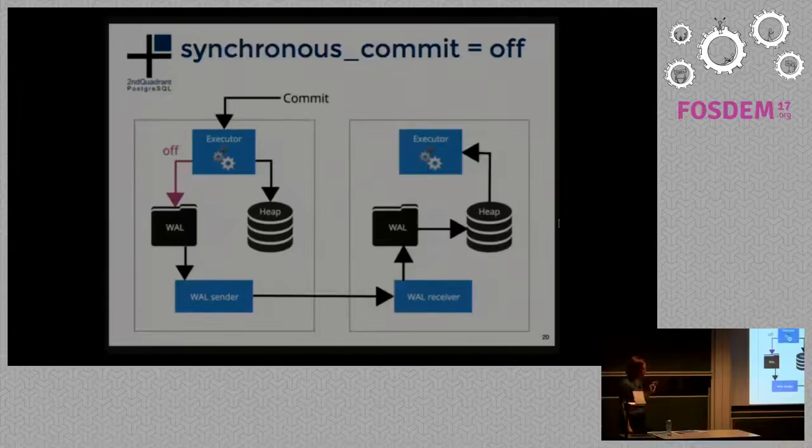And let's talk about synchronous commit. So here, this parameter decides if you will have synchronous commit, synchronous replication, or not. As you see, if it is off, we don't wait for the transaction record to be flushed to disk.